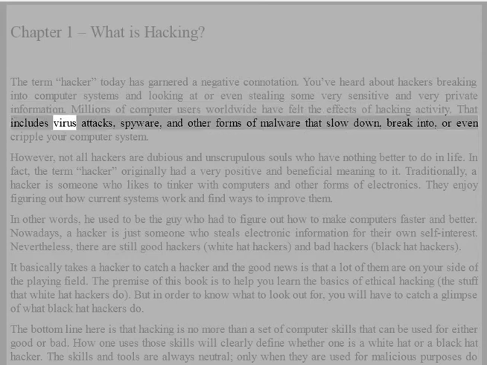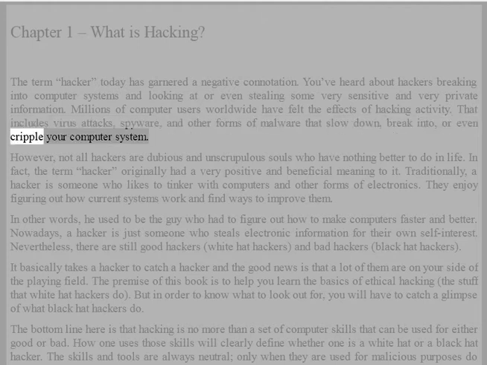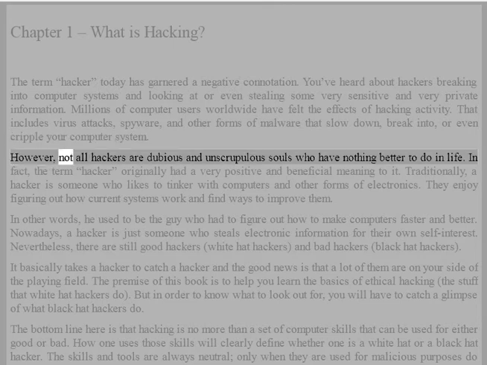That includes virus attacks, spyware, and other forms of malware that slow down, break into, or even cripple your computer system. However, not all hackers are dubious and unscrupulous souls who have nothing better to do in life.